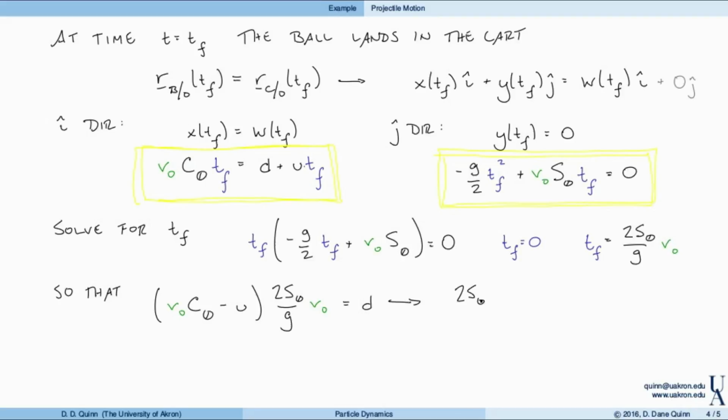2 sine of theta cosine of theta divided by g times v naught squared minus 2u sine of theta divided by g times v naught minus d equals 0.